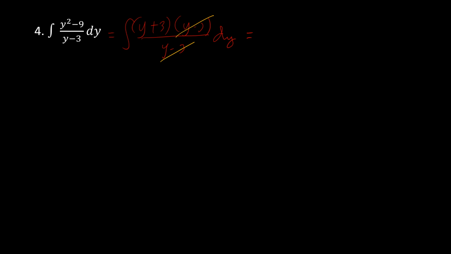And we integrate y plus 3, which is y squared over 2 plus 3y plus c, or you may treat this y plus 3 as your u with the power 1. So we can write that as y plus 3 squared all over 2 plus c.